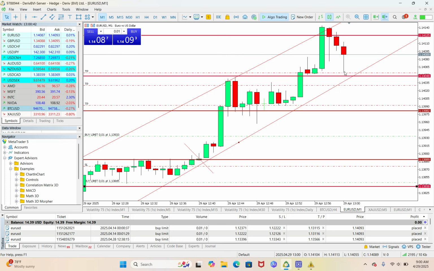So that's the beauty about limit orders. Even when my trading session is over, my limit orders are going to be in the market waiting for the market to come back. So even when I'm asleep, my trades are working while I'm sleeping. So I always leave my orders overnight, leave them until the market comes back. If you're doing a 9 to 5 job, just use limit orders, buy and sell limit.